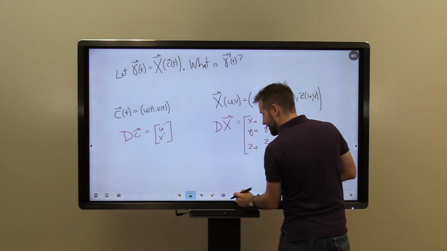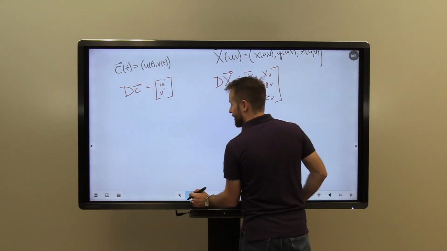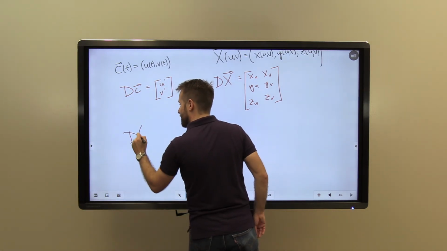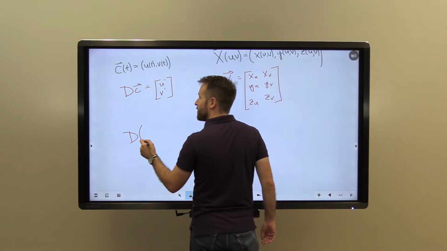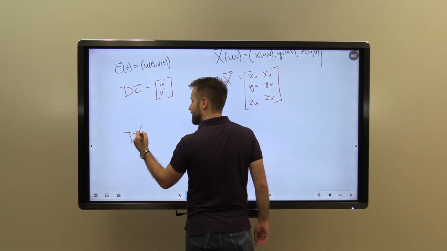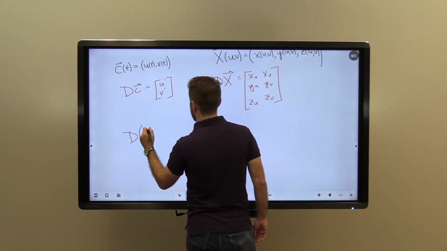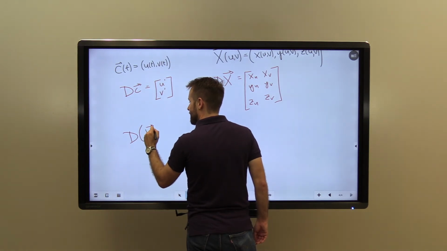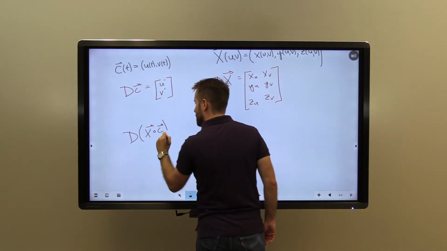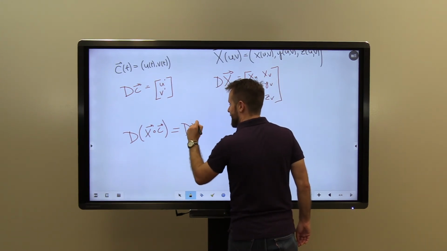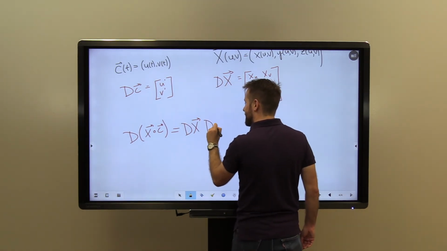Now, the composition function that we're talking about says that we would need to compute the composition, to calculate capital D of gamma, right? That's capital D of x of c. And by the multivariable chain rule, that's just dx times dc, right?